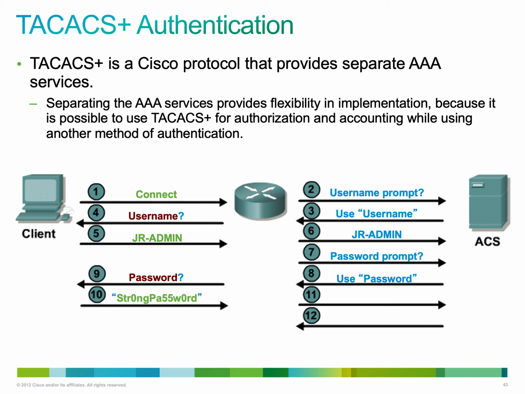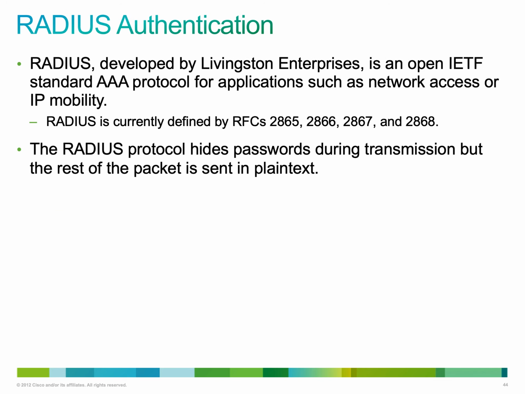Once you give your password, the router will verify it and you get feedback, accept or reject. If the password is recognized by the server, it will be accepted. If not, it will be rejected, so you cannot have access. This is how authentication takes place in the case of TACACS Plus.